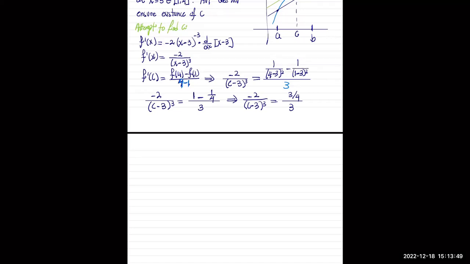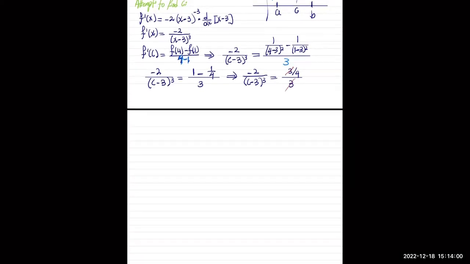What we can do with this fraction is cancel out the 3's, 3 divided by 3, to get a much nicer equation: -2 over (c minus 3) cubed equal to just 1/4. A lot of it was just basic arithmetic. We just need to solve this equation for c.